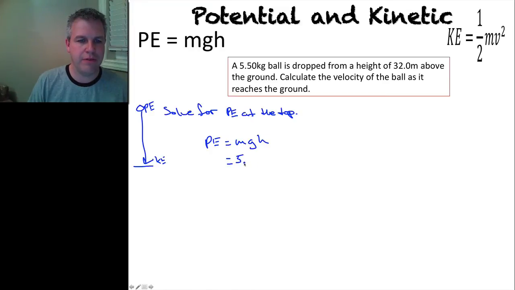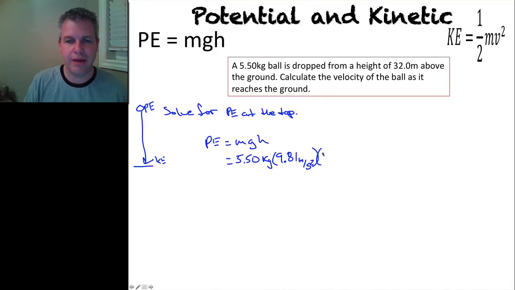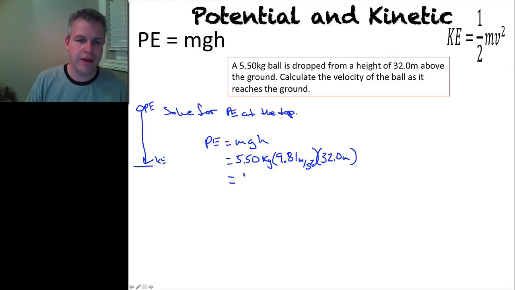The mass is 5.50 kilograms times 9.81 meters per second squared, multiplied by my height, 32.0 meters, and that gives me a potential energy of 1,726.56 joules.